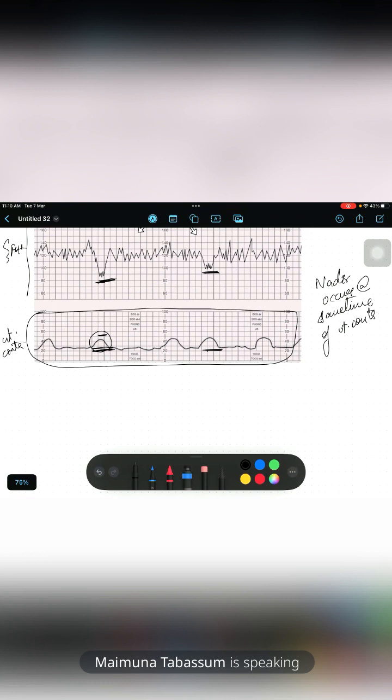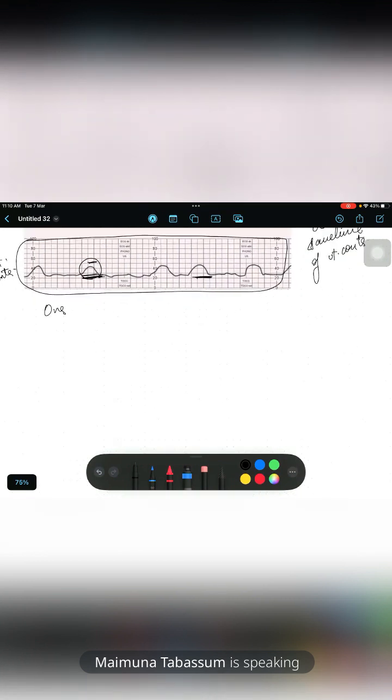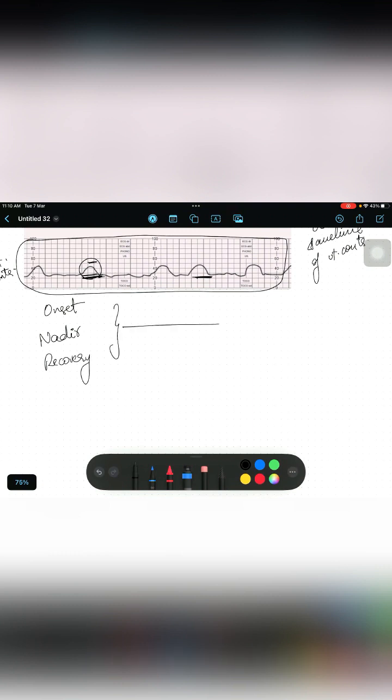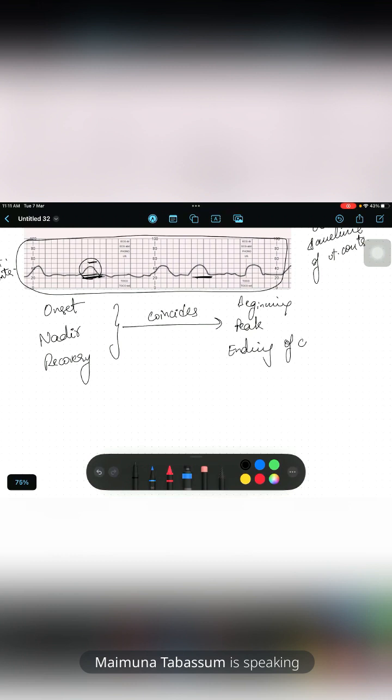In the early deceleration, what happens? Onset, nadir, and recovery coincide with the beginning, peak, and ending of the uterine contraction.